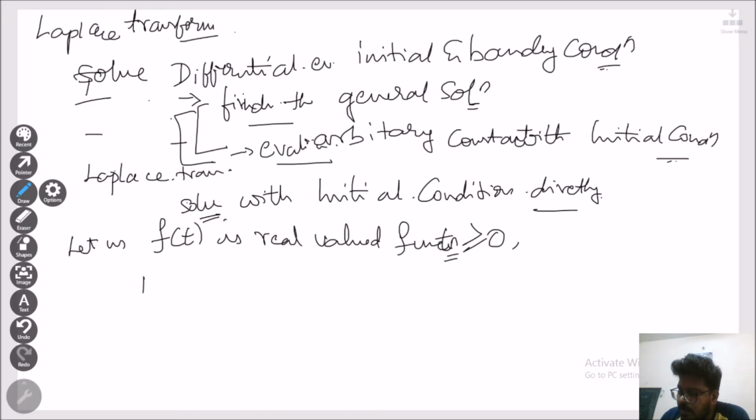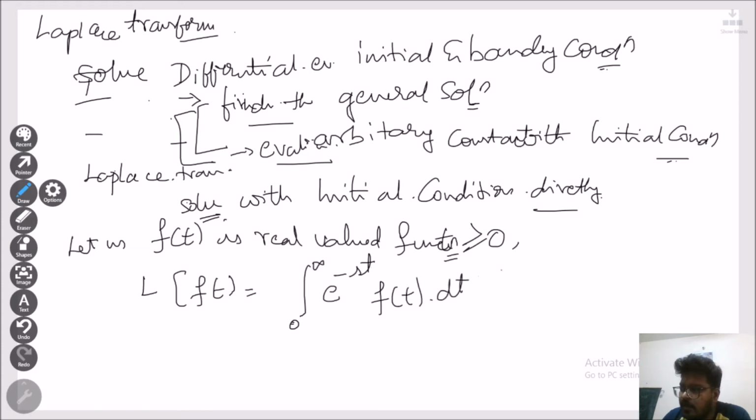So the Laplace transform of the function f of t can be written as integration from 0 to infinity e to the power of minus st into f of t dt, where s is a real or a complex number.